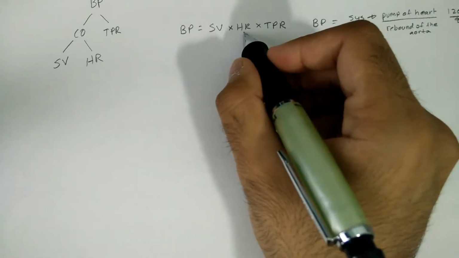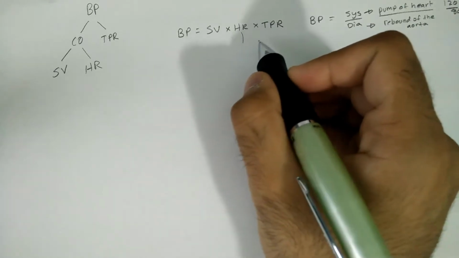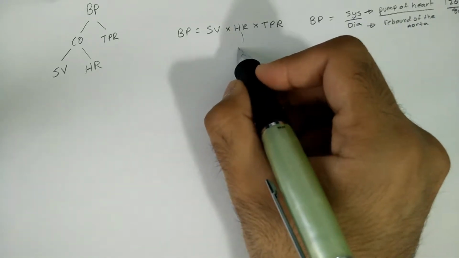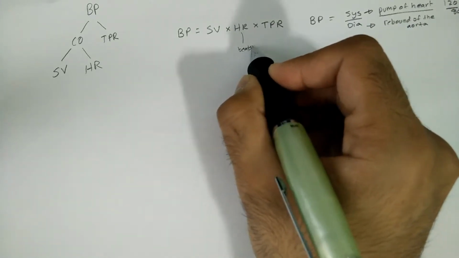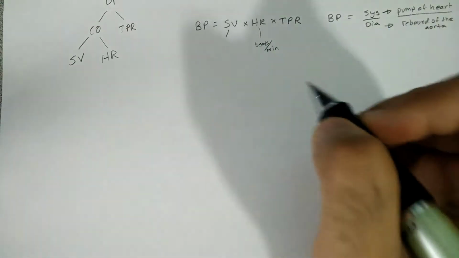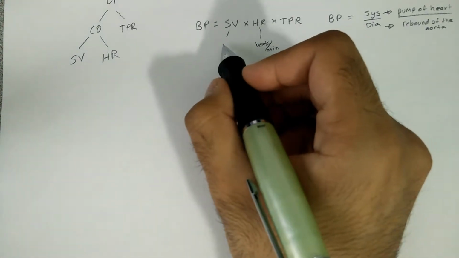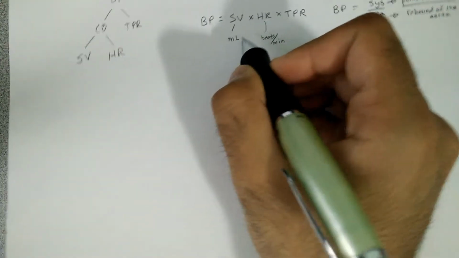Well, we'll start off with the easiest one, heart rate. So heart rate is just going to be number of beats per minute. Stroke volume is the amount of blood per cardiac cycle that the heart moves, so this will be measured in milliliters.